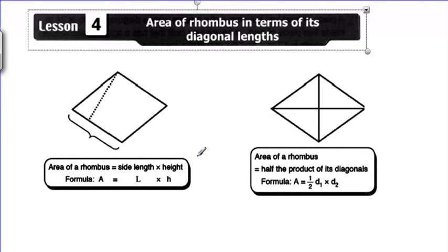Let's see the rules of the area of the rhombus. Area of rhombus equals side length times height. The rhombus is like the parallelogram, and we know that the area of the parallelogram equals what? Okay, let's see the parallelogram.